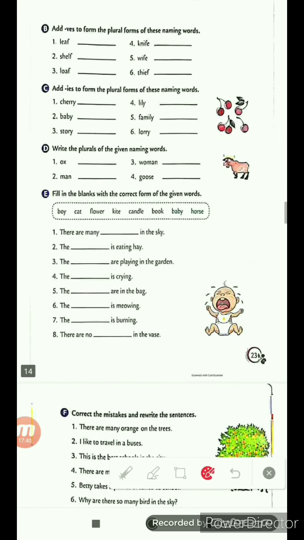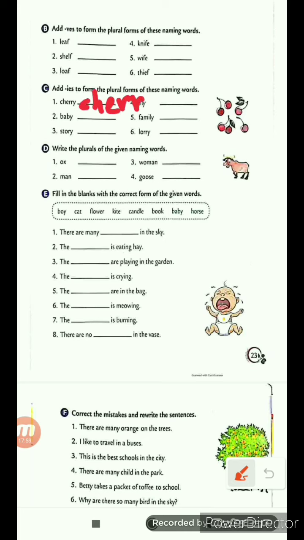Okay, next is add I-E-S to form the plural form of these naming words. So here also you have to add I-E-S. Number 1 is cherry. C-H-E-R-R-I-E-S.